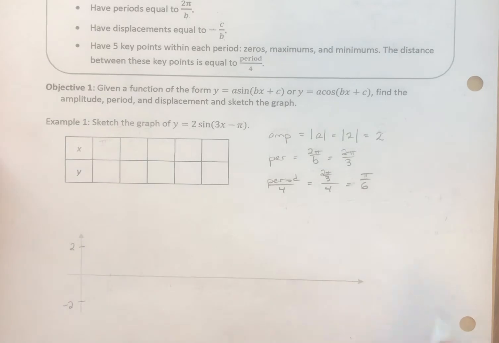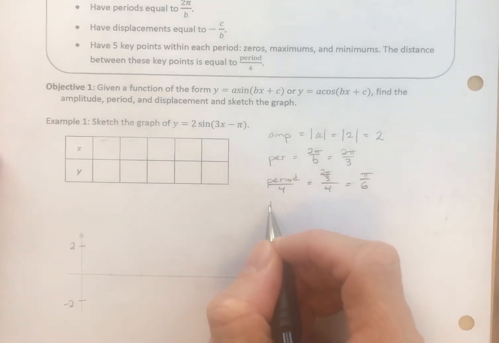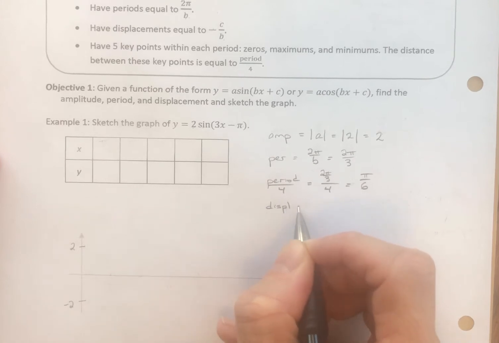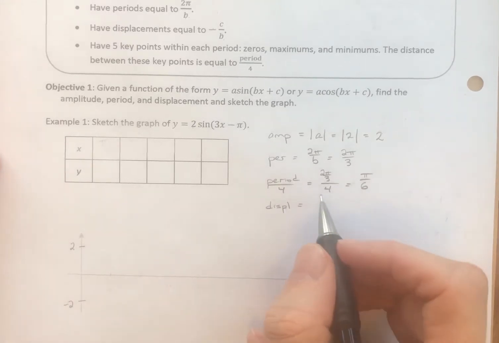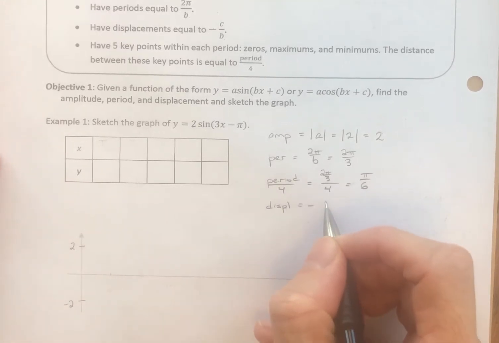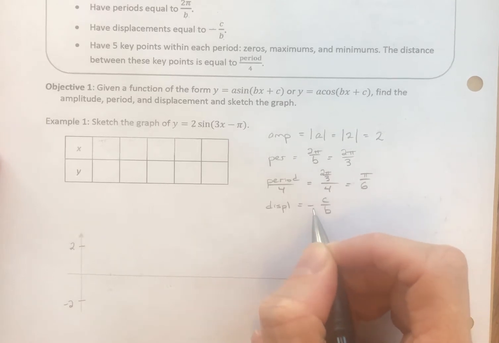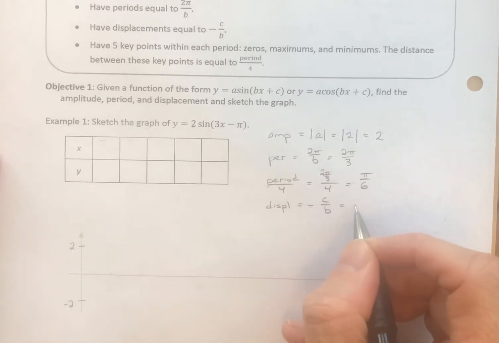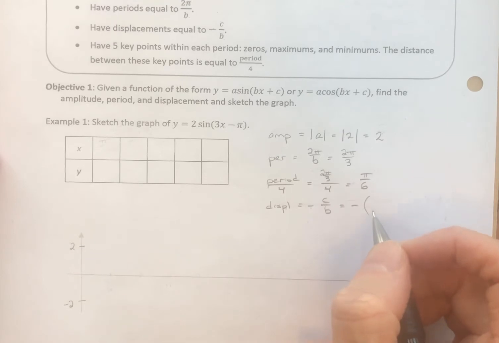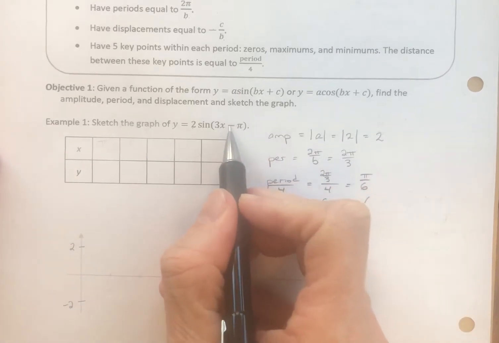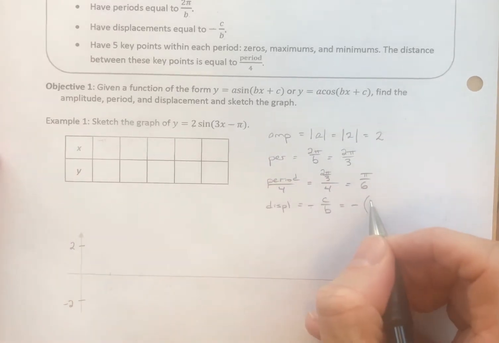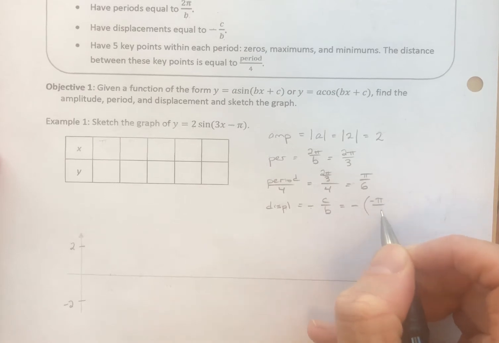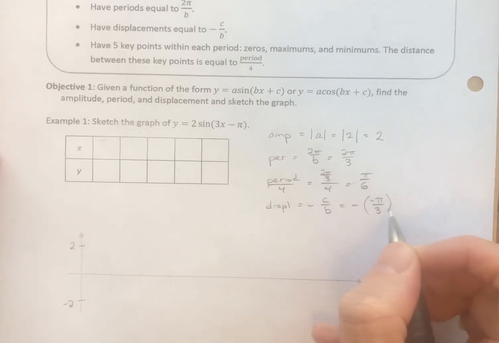So the distance between our key points will be pi over 6 units, and our displacement, I'll abbreviate that displ, is equal to the opposite of C over B. Be careful with this sign. The opposite, I'll use parentheses because the C here is negative pi, and we don't want to lose that negative. Okay, and of course the B is 3.